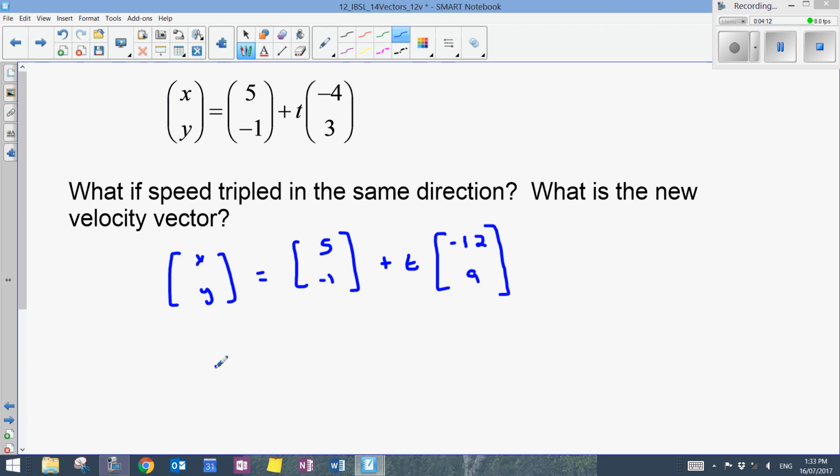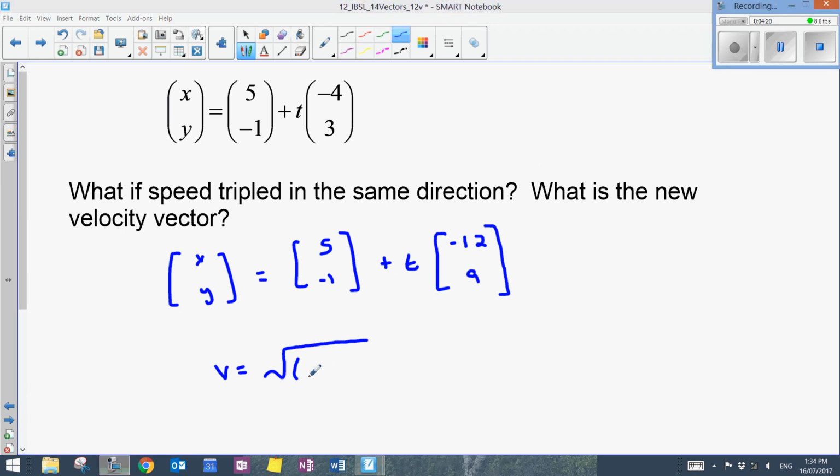What would happen if I took the magnitude of that velocity vector? So let's say my velocity comes out to be the square root of -12 squared plus 9 squared.